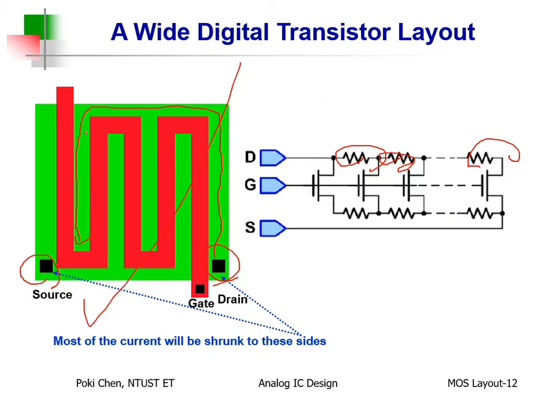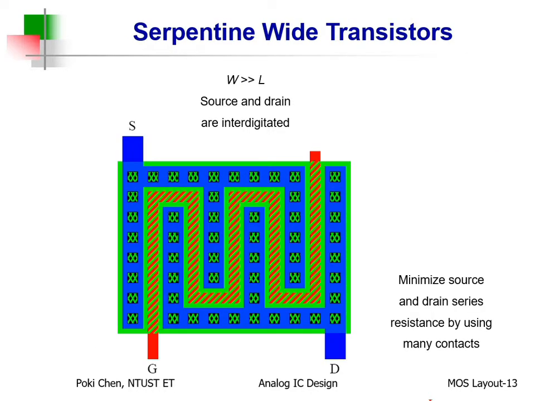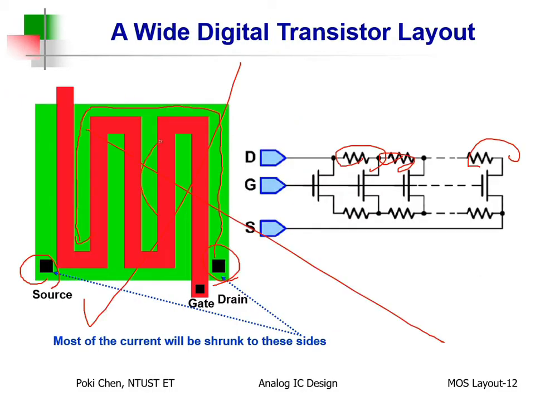Anyway, I wouldn't like to recommend you to do such kind of layout. Forget about it. Let's go further. It will make much more sense. You still have the serpentine, right? For your gate, the W is also very large. Alright? So it is similar to that.